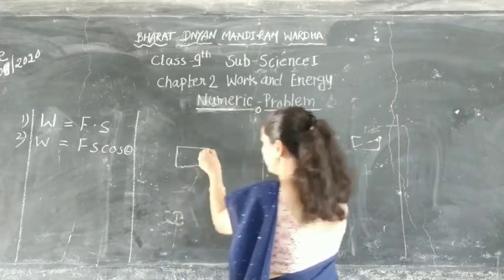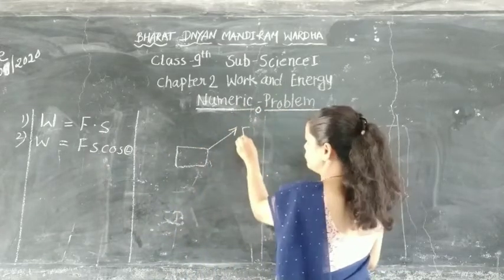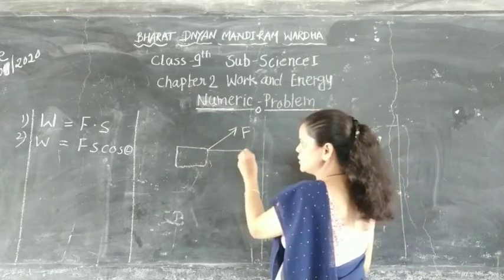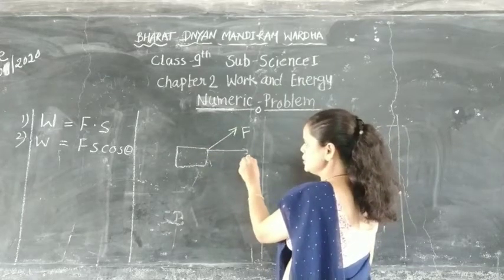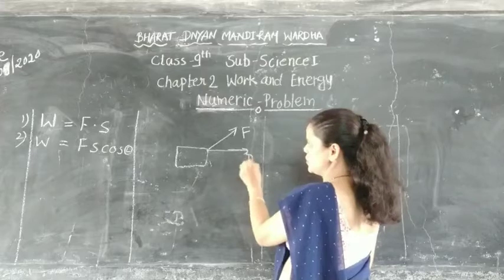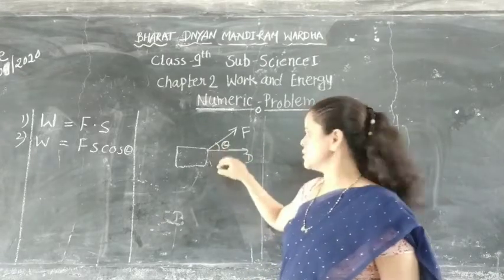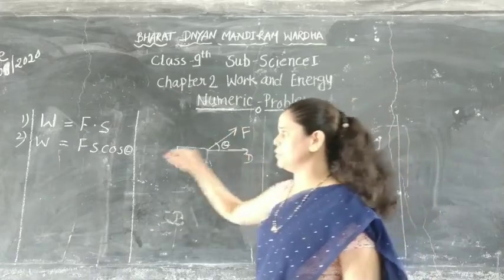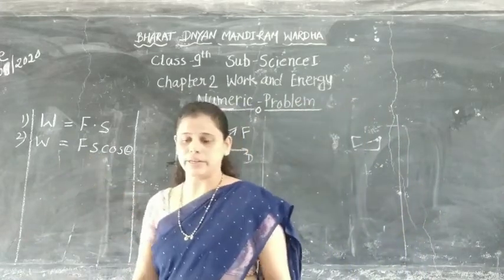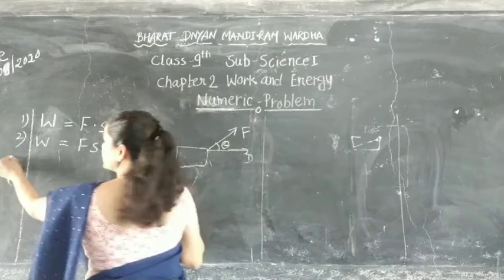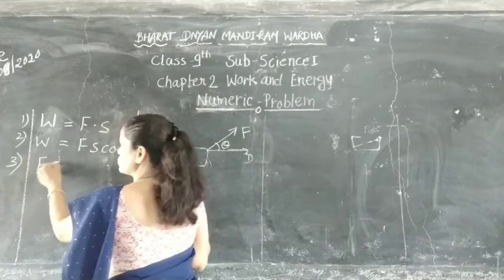If this is a block, this is the direction of the force, and the displacement of this block is in this direction. So if an angle is formed between the force and displacement, then we use this formula, Fs cos theta. And third formula, force.